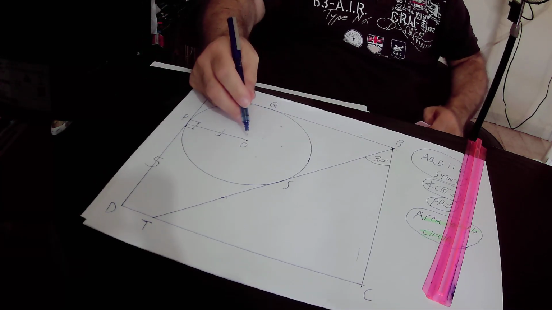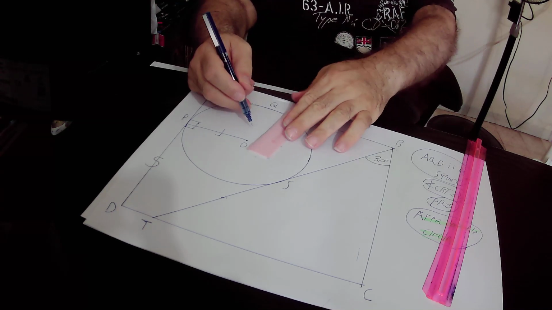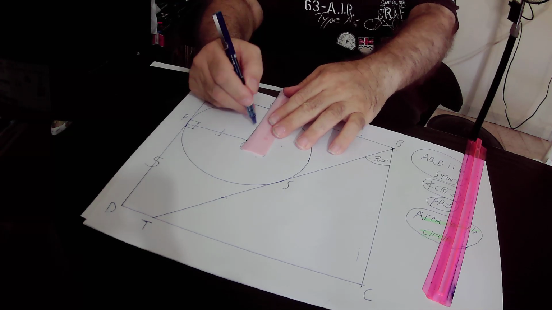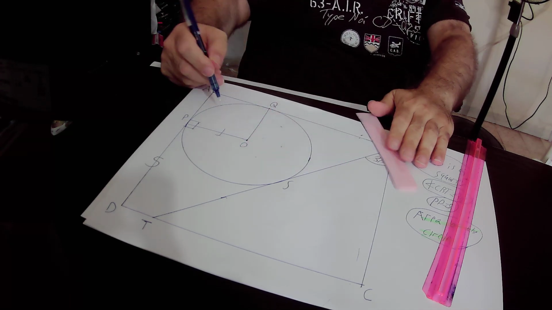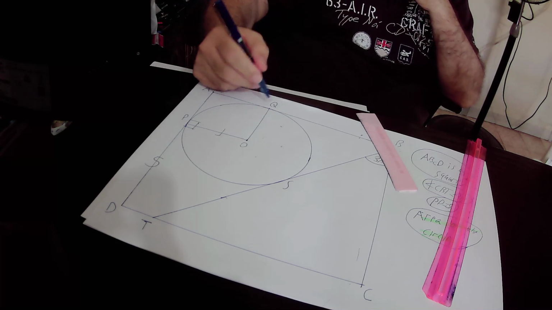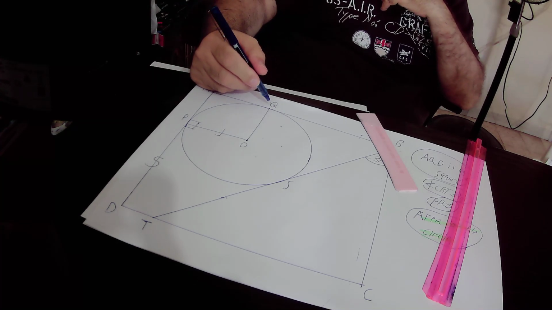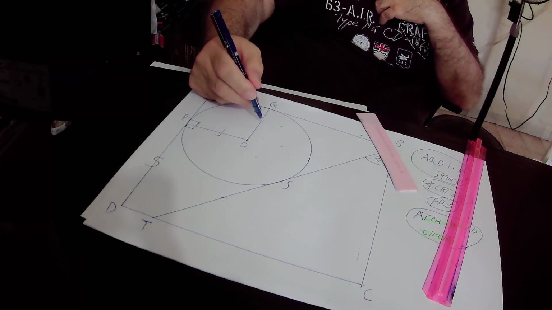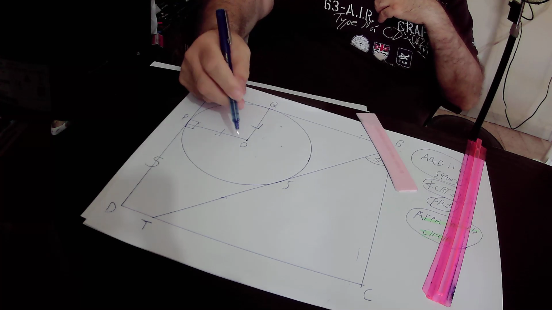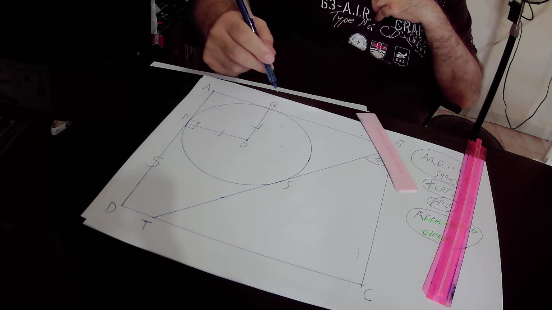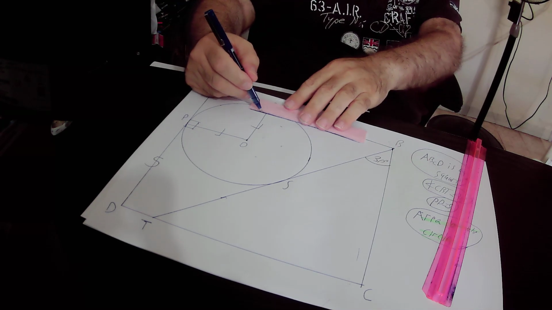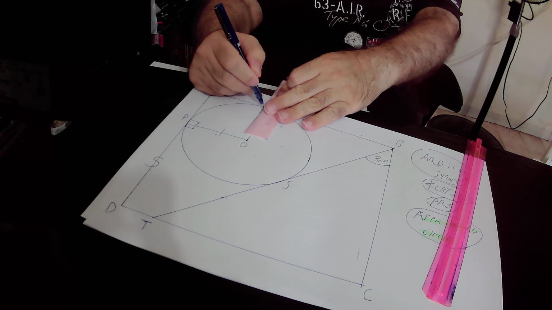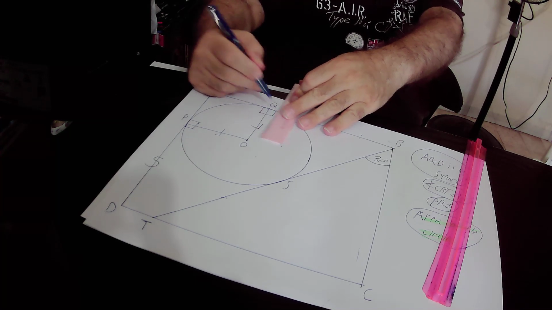Likewise, we'll join points O and Q together by a straight line. Point O is the center of the circle, point Q is a point on the circle itself, therefore OQ is also the radius of the circle, equal to R. And we have the radius OQ drawn to the point of tangency, therefore according to rule number 1, this angle will be equal to 90 degrees, and this angle will also be equal to 90 degrees.